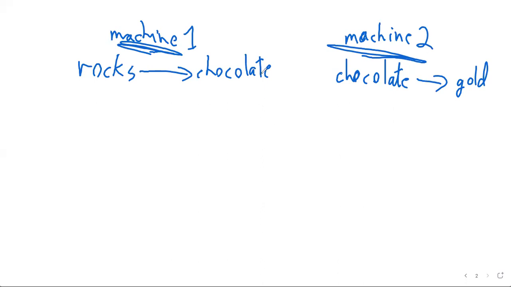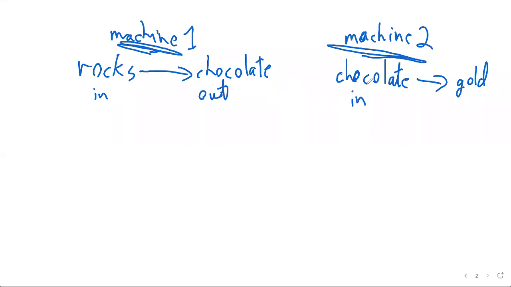The first machine was rad, but then this machine knocks it out of the park. And so you're looking at machine 1, machine 2, rocks, chocolate, gold. And you notice that the inputs of one machine, then it spits these things out. Input is a rock, output is chocolate in this machine, and then that same output becomes an input into another machine.